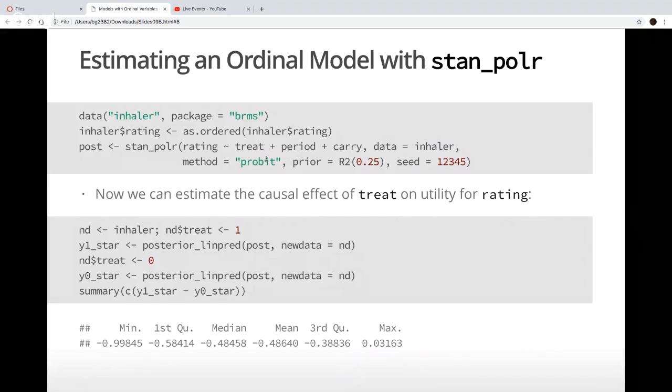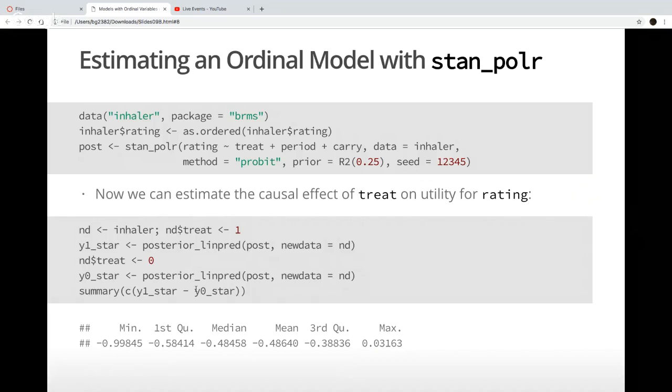So anyway, rating is an ordered variable, and there's a treatment and whatnot, so we get the posterior distribution of that. We can estimate the treatment effect in terms of the latent utility units by creating a new data set, setting treatment to 1, obtaining our predictions, changing the treatment to be 0 for everybody, obtaining the predictions, and just taking the difference between those two things and summarizing them either numerically or graphically.